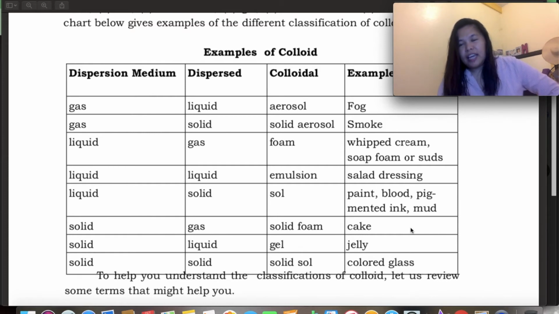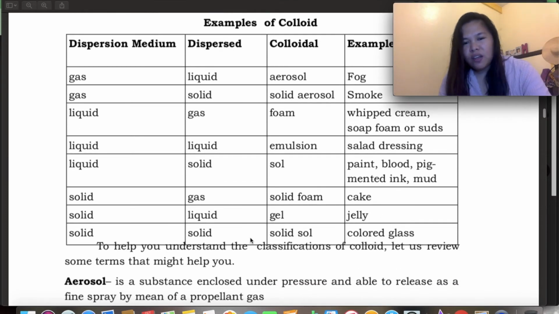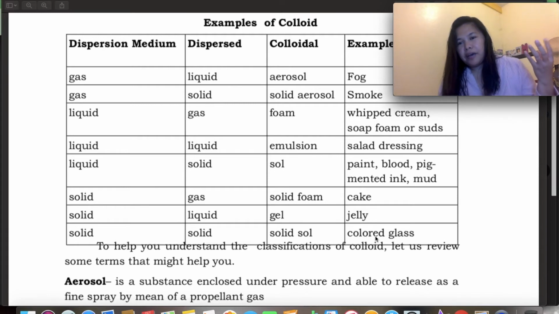It has a foamy effect, more on eggs. It is really in cake, food. And then gel, jelly, gelatin, and the like. Then solid, all solid, the colored glass. When we say colored glass, these are the tinted ones.